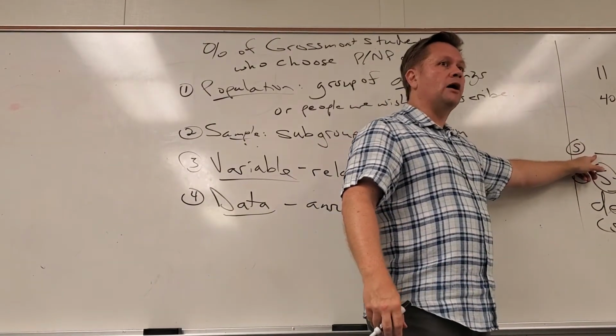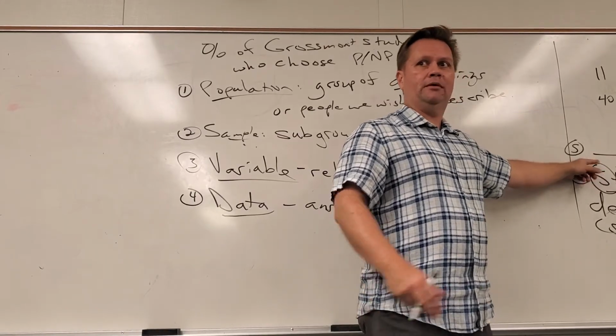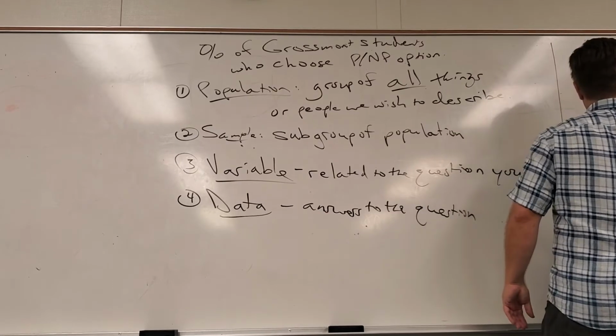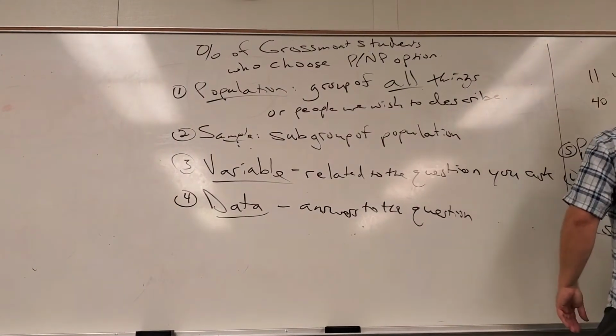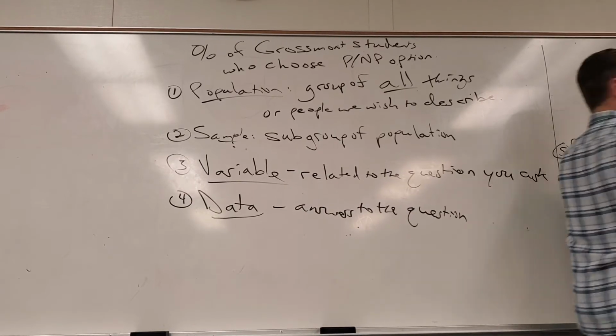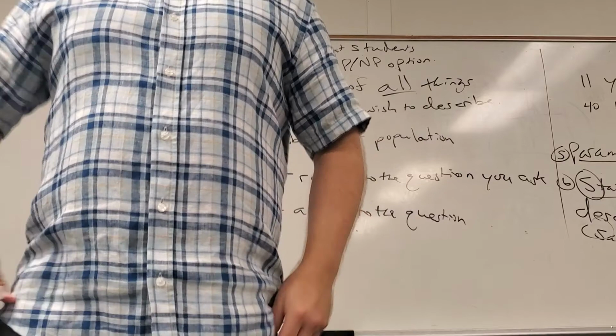What describes the population is the parameter. Parameter describes the population. Isn't that neat? Then why don't you do that more often, math? Come on, math.